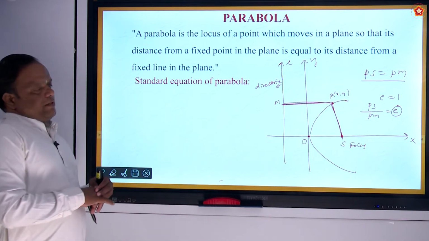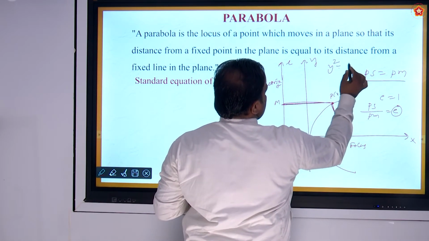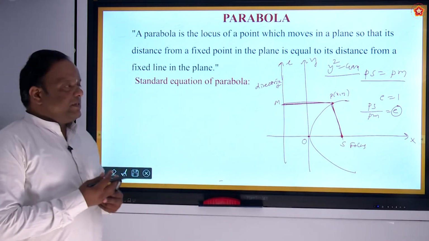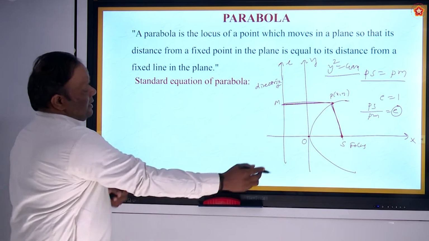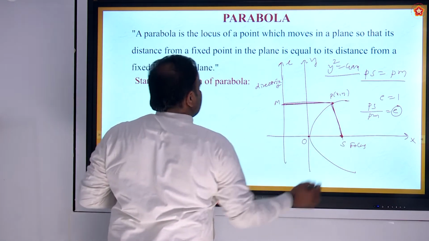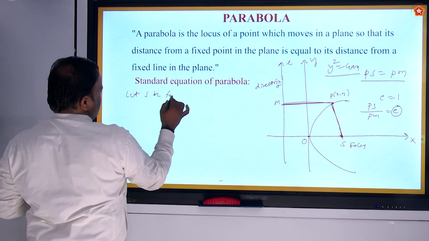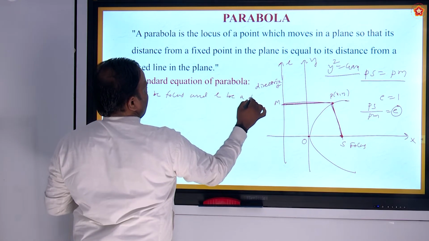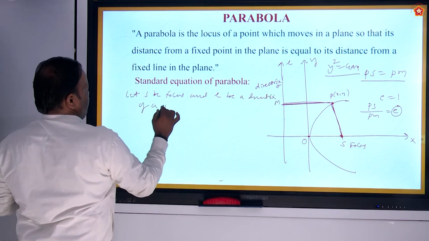What is standard equation of parabola? So, I think you know that standard equation of parabola, y square is equal to 4ax. This is the standard equation of parabola. You have to derive here the standard equation of parabola. Clearly, let S be the focus and L be the directrix of a parabola.